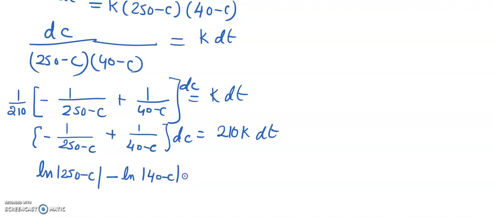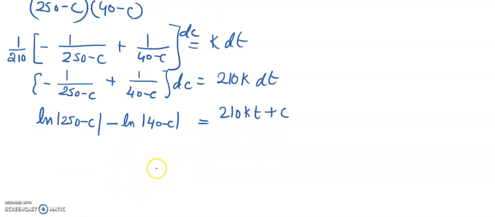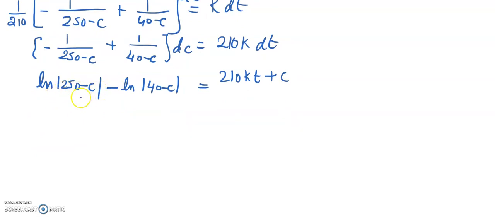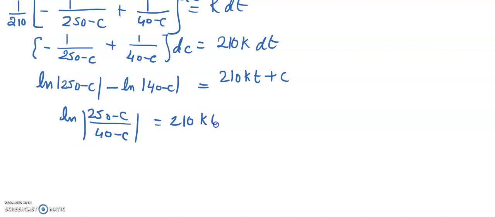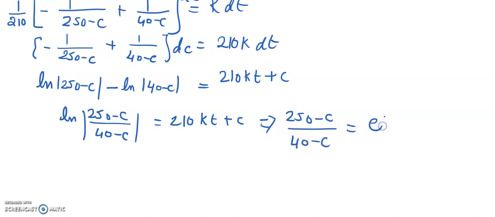Then this will be 40 minus C. Integration of this will be 210 kt plus C. So combined, (250 minus C) over (40 minus C) is equal to 210 kt plus C. And by exponentiation, it will be (250 minus C) over (40 minus C) is equal to e power 210 kt plus the constant, or in other words it will be C times e power 210 kt.